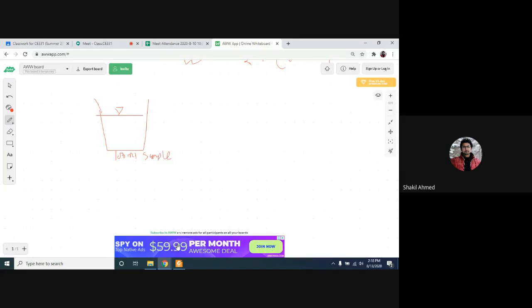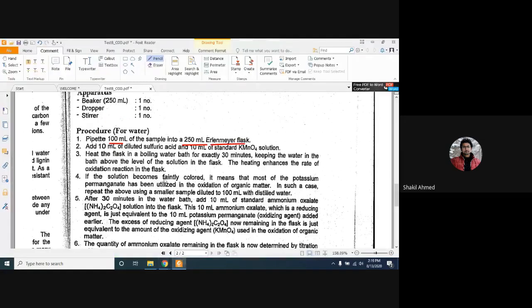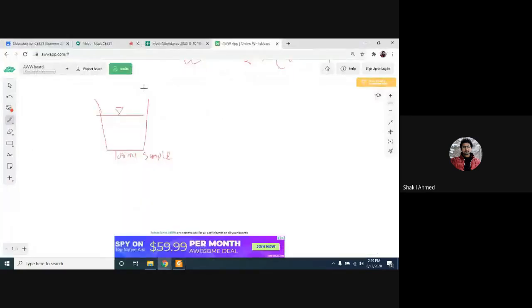Now, in the Erlenmeyer flask, add 10 ml of dilute sulfuric acid. This is to expedite the reaction rate. It's not concentrated, it's dilute sulfuric acid.